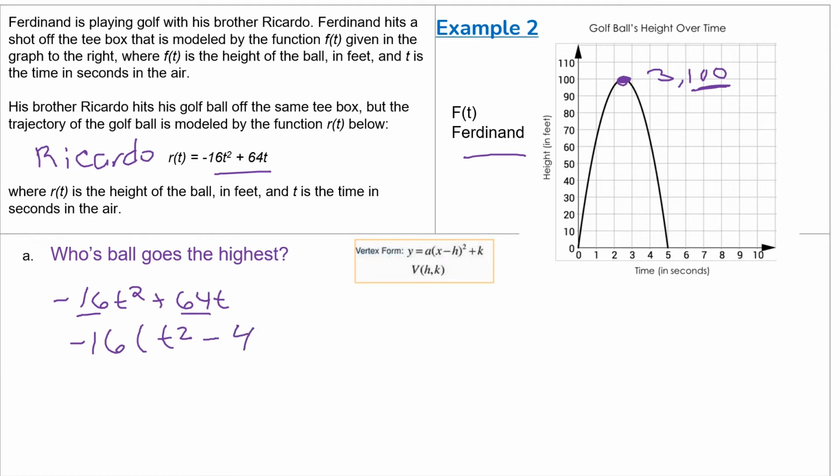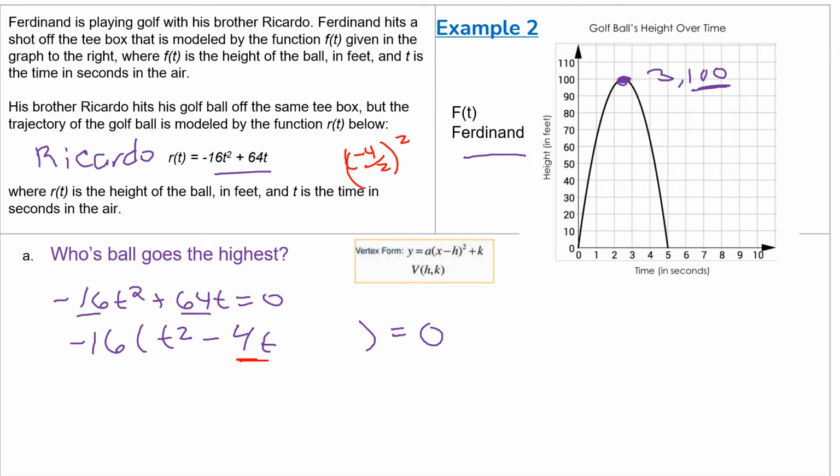So when I complete the square, it will be 0 on the other side. I want to take half of b and divide by 2. So b in this case would be negative 4. So half of negative 4, so I'm dividing by 2, and I'm raising that to the second power.